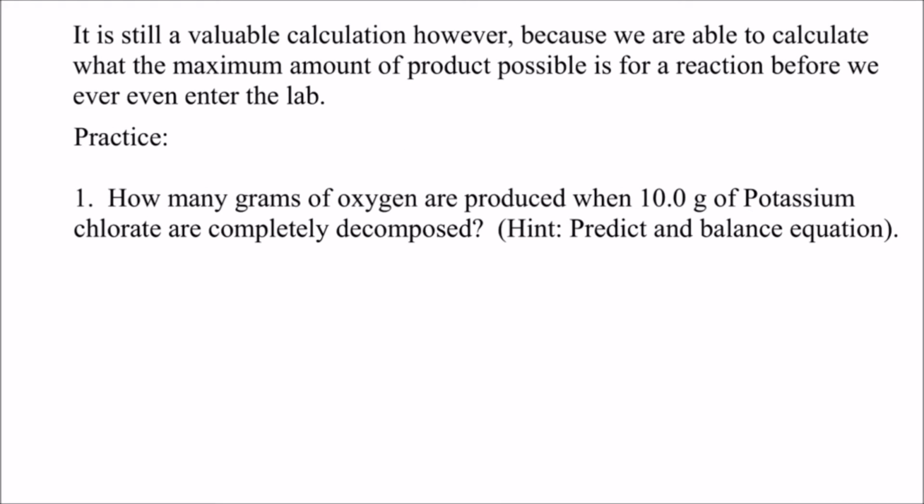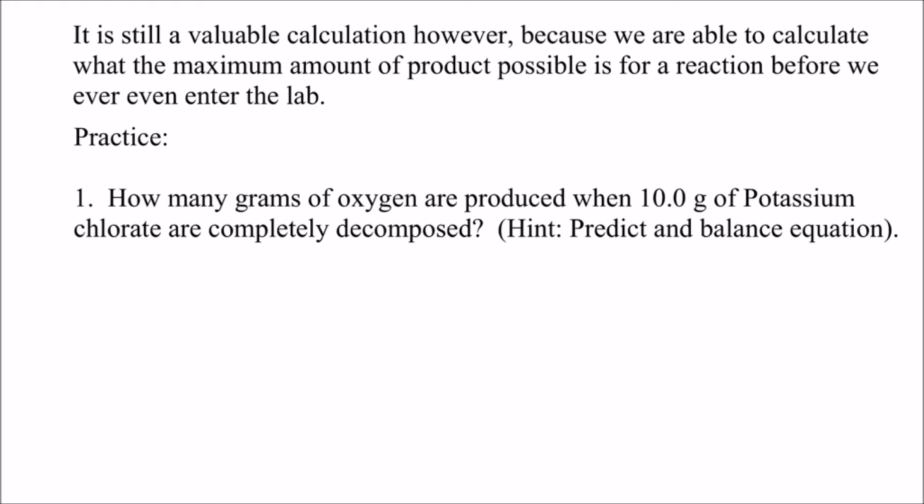It's still a valuable calculation because it lets us see what the maximum could be in a perfect world, and then we can gauge how close are we getting to perfect. It lets us know if we have a good reaction setup or if there's a problem with our setup. Just because you don't get close to 100% of the product doesn't mean that you're doing a bad job.